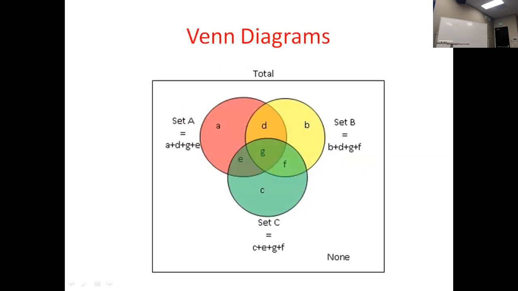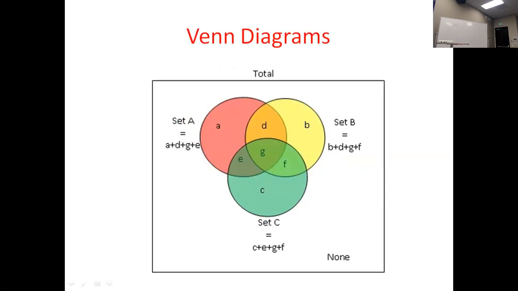All right. Now we have here a diagram called a Venn diagram. We have again set A, set B, set C, red, yellow, and green. Then you have all these subsets and all these intersections.